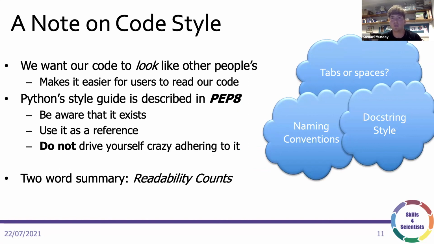I wouldn't get too hung up on making your code conform to PEP 8 all the time, but definitely use it as a reference because, as I've said at the bottom here, readability counts. If you follow PEP 8 to a certain extent and therefore make your code readable, yourself and other people can then reason about what's going on in the code.